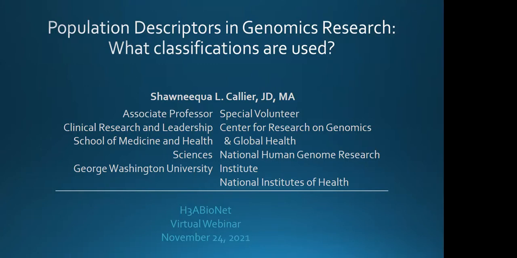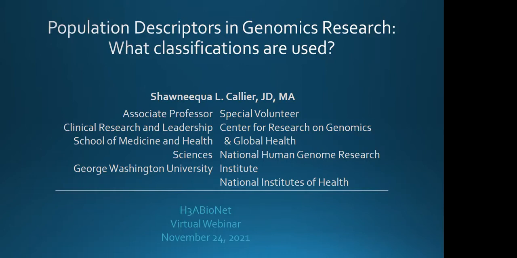She has an illustrious resume or CV. So I'm not going to cover the whole CV because it would take the whole webinar. I'm just going to mention a few things. Dr. Shawneequa Callier is an associate professor in the Department of Clinical Research and Leadership at the George Washington University School of Medicine and Health Sciences, with training in law, bioethics, and genomics. Professor Callier teaches courses in bioethics and serves as a special volunteer at the Center for Research on Genomics and Global Health, National Human Genome Research Institute, National Institutes of Health, or NIH, in the US.